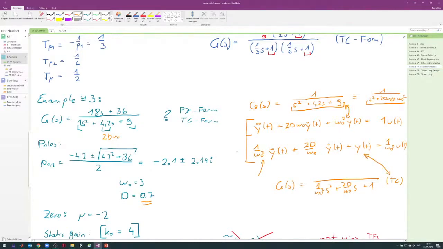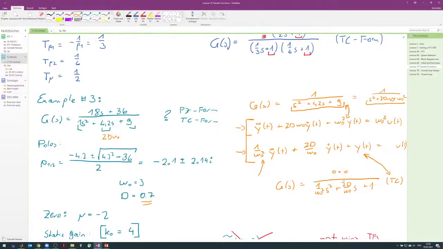I think the lower one is the one we introduced first when we talked about the PT2 system, and then we introduced that we can simply multiply it by omega 0, and then what we do actually have is 1 here, sorry for that, and we have omega 0 squared here. So this now is fully correct, right? So there's a close relationship to the form in the time domain, and this is why you can directly compute it from the transfer function.